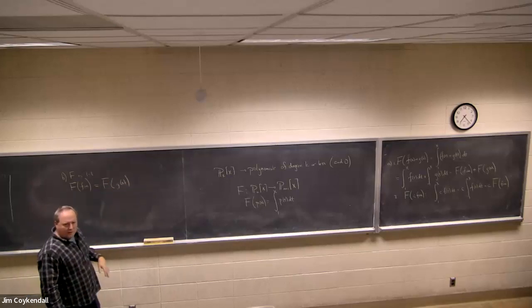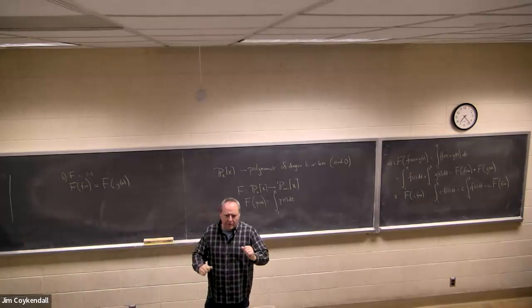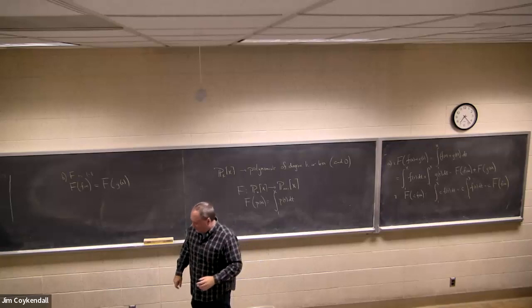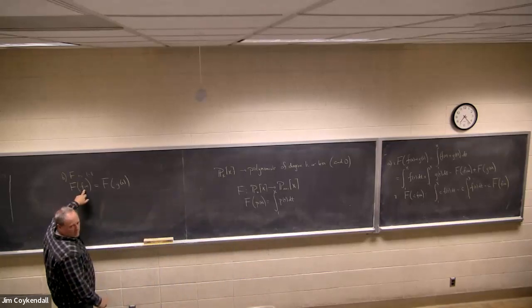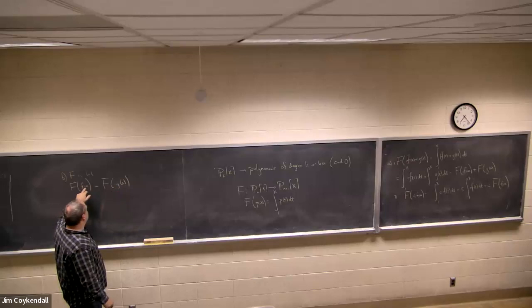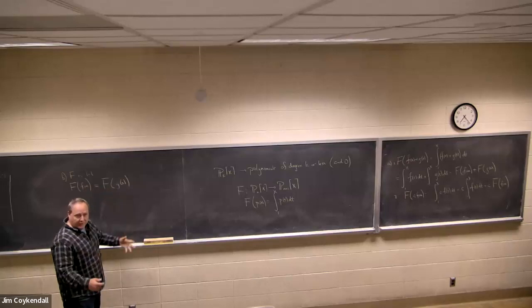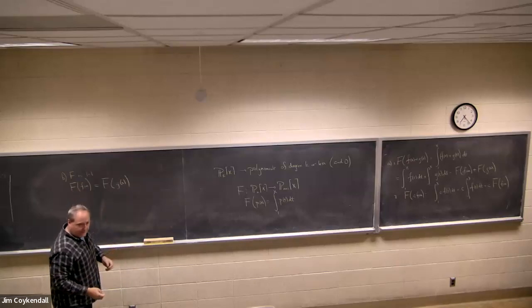One-to-one means that when you put in two different inputs, you get different outputs. So how do we test this? Suppose that the output when I put in little f is the same as the output when I put in little g. I need to come to the conclusion that f and g are the same. That's what it means to be one-to-one. Same output means that you have the same input, right?